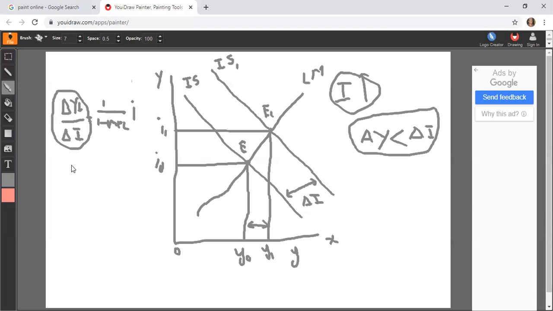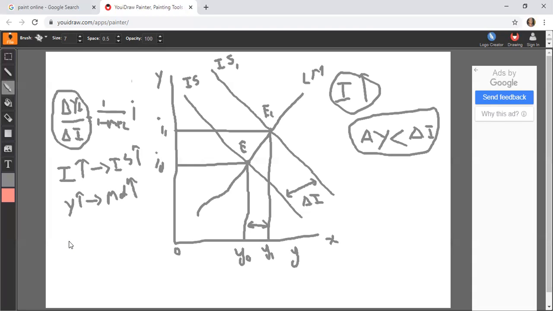The reason for the multiplier being less is that when investment increases, naturally the IS curve will shift upward, and this will cause an increase in income. And we know that this increase in income will increase the demand for money.